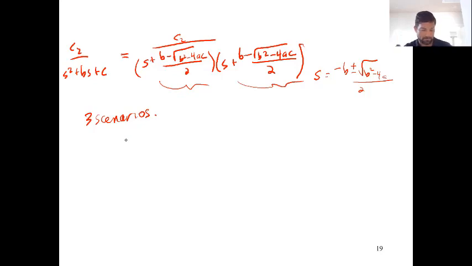Okay, so case 1: B squared minus 4C is greater than 0. So this term is greater than 0, right? That means we have a positive value in here. This means we have real roots. So if we have real roots for both of these, then it's going to depend on the relative value of these.